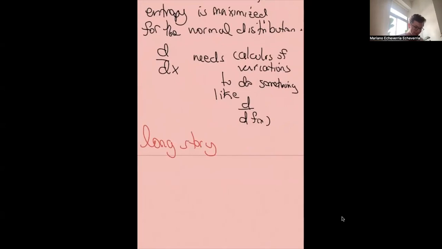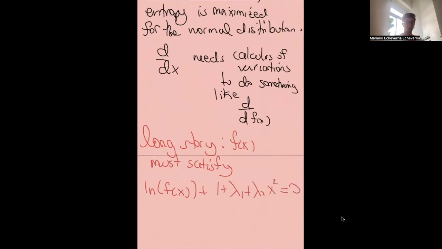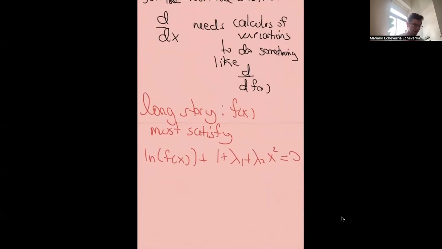You end up with something like: f of x must satisfy ln of f of x plus 1 plus lambda 1 plus lambda 2 x squared equals 0, where lambda 1 is the Lagrange multiplier for the first constraint, coming from the constraint that the probability must integrate to 1.